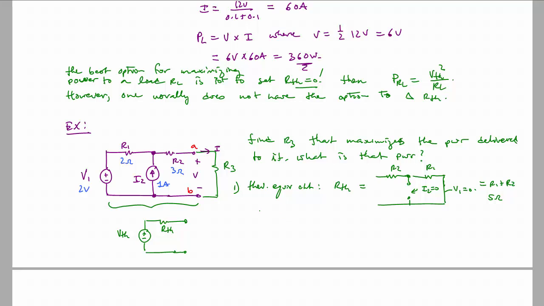Okay, and then the second one I want to find is V open circuit, V Thevenin. Remember in that case there'll be no current flowing out through here. So therefore we're looking just at I2 flowing around here, producing a voltage drop here. So we can say V Thevenin, or V open circuit, is going to be V1 plus R1 times I2.